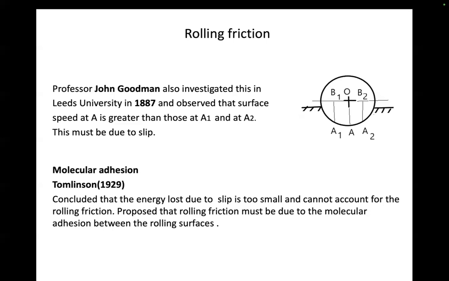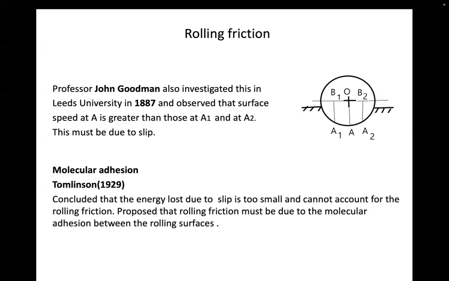Again, for this to roll, there must be slip. So all these three experiments go to show that for rolling to occur without slip is difficult in the elastic ring. And then some slip comes into picture and contributes to the rolling friction.